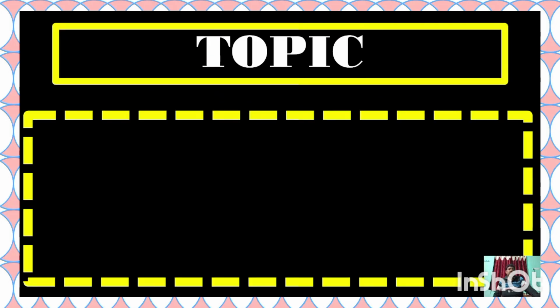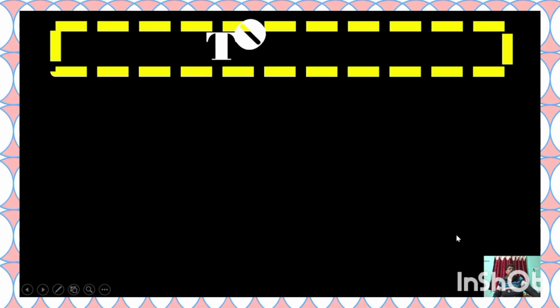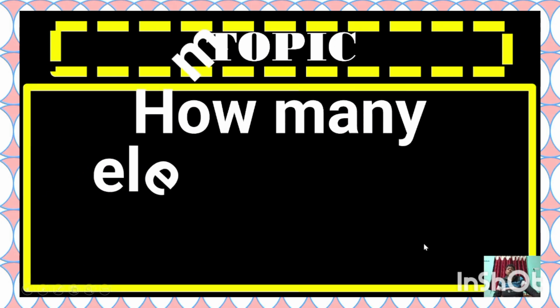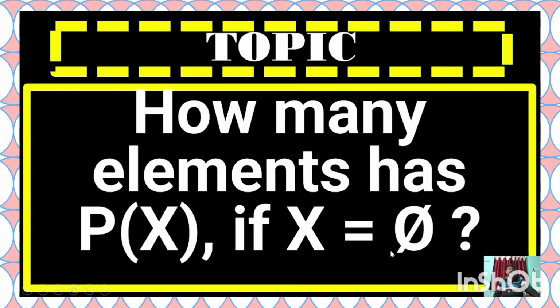Another concept which I am going to discuss: the cardinality of the power set of the power set of the power set of the power set of the null set is equal to 16. Right? Here is another simple fundamental concept I am discussing in one class for you. How many elements does the power set of X have if X is the null set? Another simple and fundamental problem.